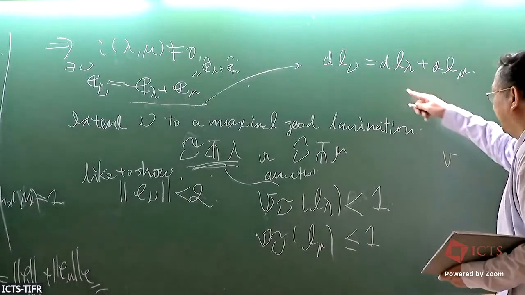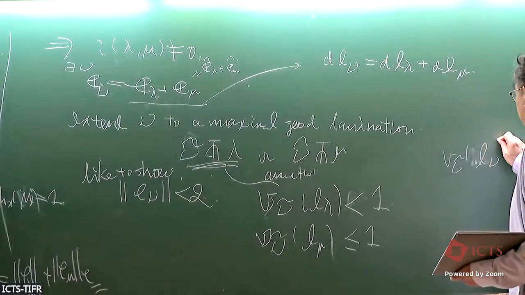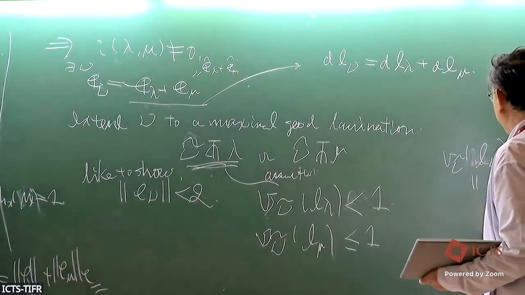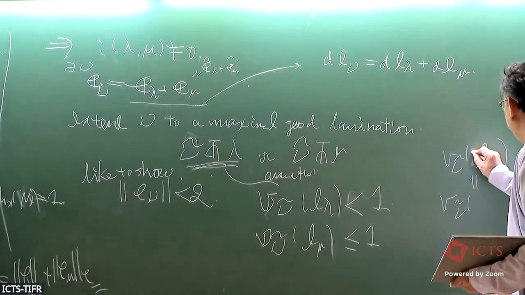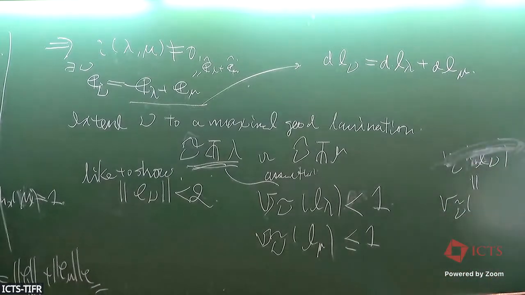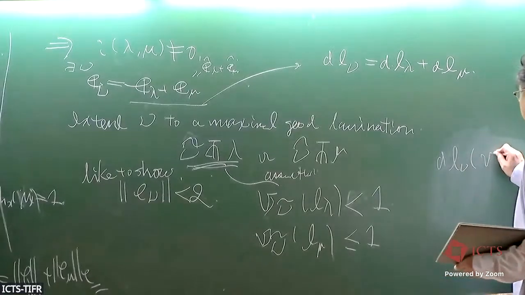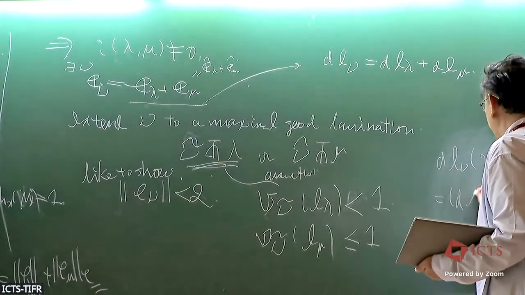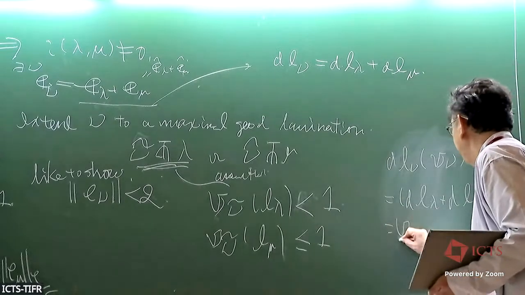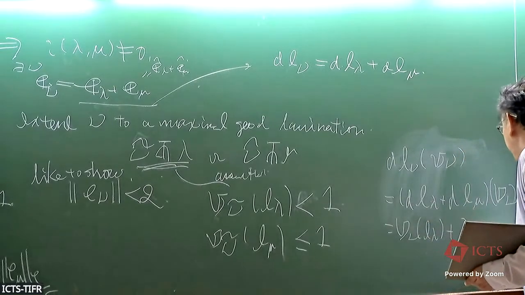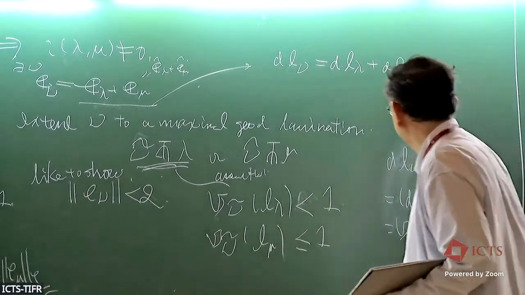Evaluating at V nu, dl nu of V nu is equal to dl lambda of V nu plus dl mu of V nu, which is the V nu of L lambda plus V nu of L mu. And the sum of them is less than 2.